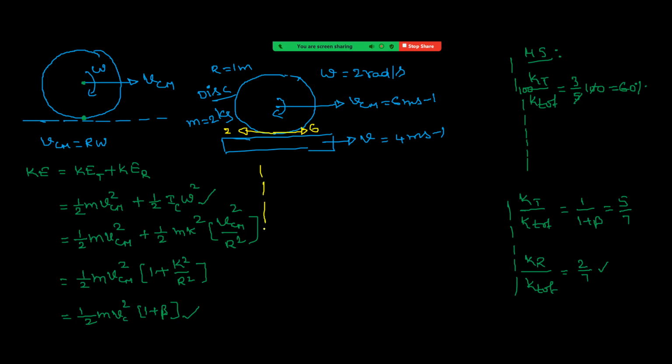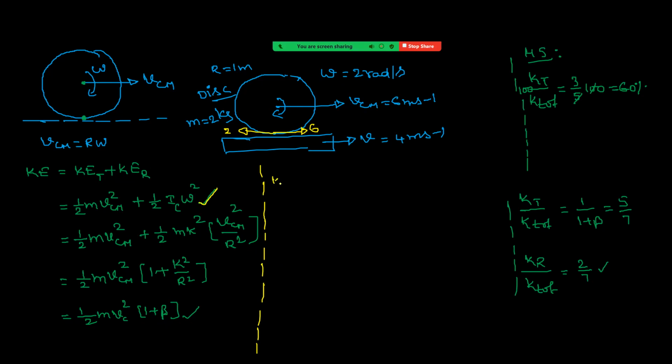So now we want to calculate the kinetic energy of that body. In this case, VCM is not equal to R omega. It's very clear, right? VCM is 6 meter per second, R omega is 2. So we cannot take this result. We have to take because of translation how much, because of rotation how much.